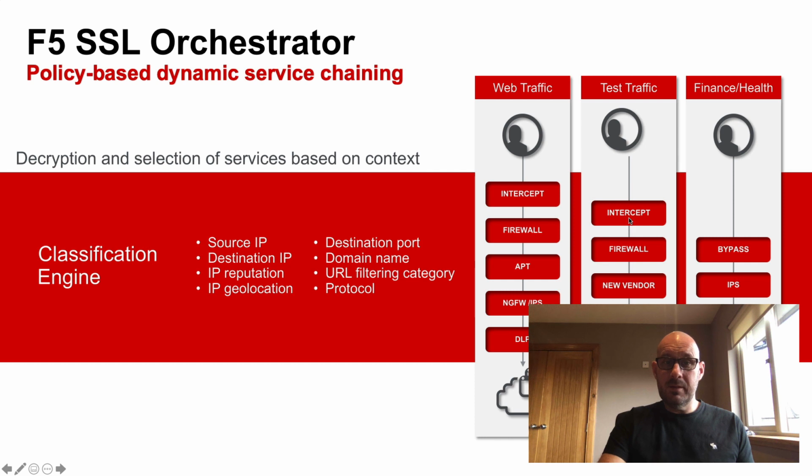We'll intercept it, we'll decrypt it, we'll pass it through the firewall, and then that new vendor service that we're running the proof of concept on. When you're satisfied with that new vendor and you want to integrate that new vendor into your web traffic flow, we can simply move that new vendor into the dynamic service chain for web traffic. We'll talk a bit more of that, and I'll show you that in the demonstration again.